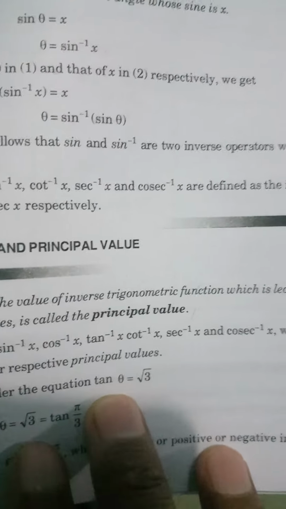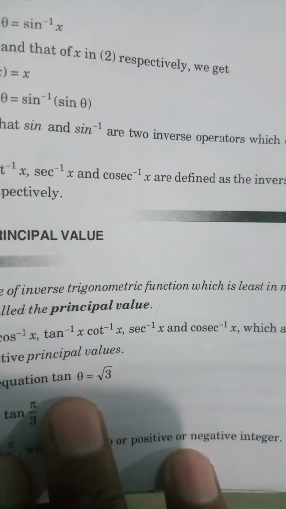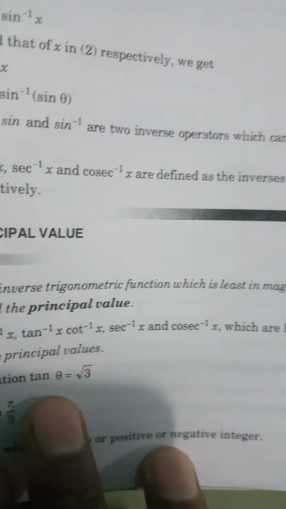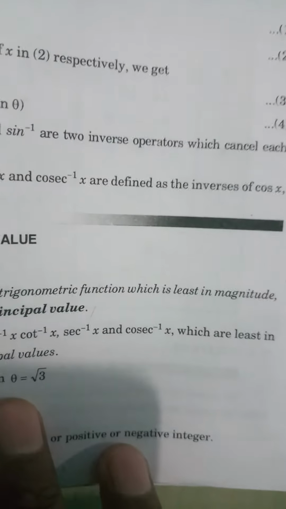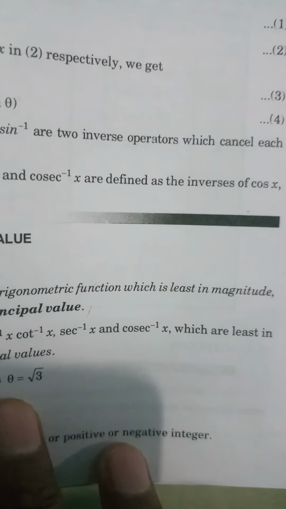Thus the values of sine inverse x, cos inverse x, tan inverse x, cot inverse x, secant inverse x, cosecant inverse x, which are least in magnitude, are called their respective principal values.